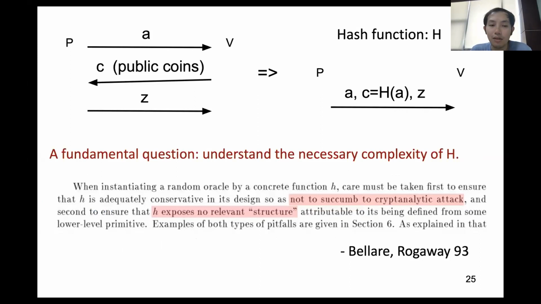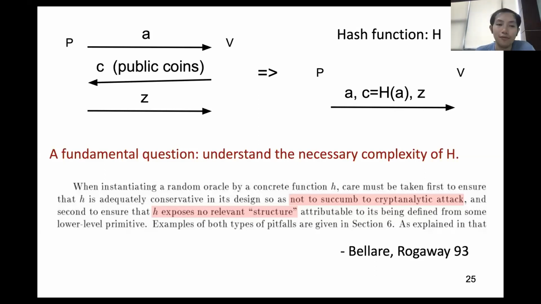A similar question was also asked in the original paper of Bellare and Rogaway when they defined the random oracle model. The hash function should be very complex and shouldn't reveal any structure in order for the Fiat-Shamir heuristic, or in general the random oracle methodology, to work.